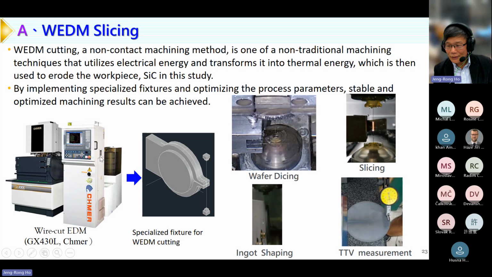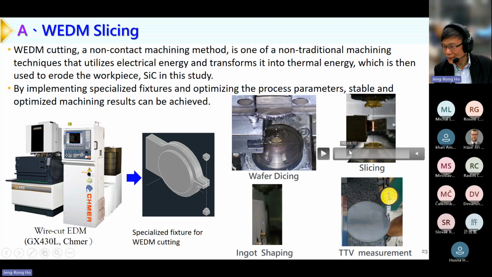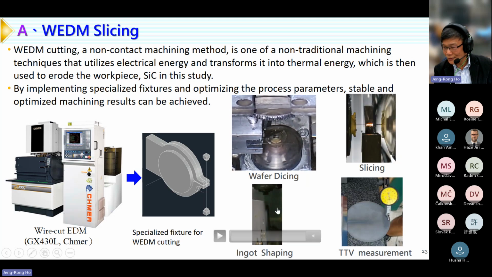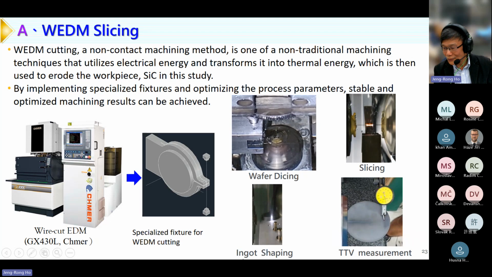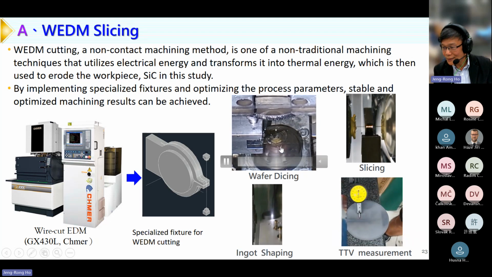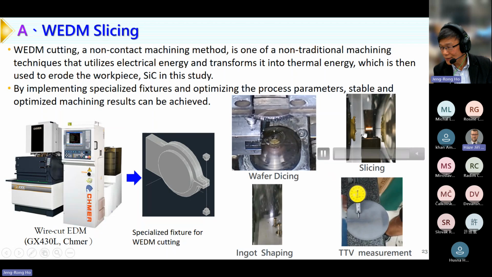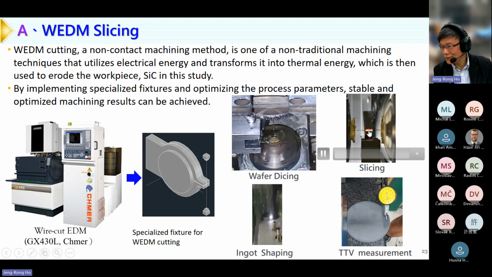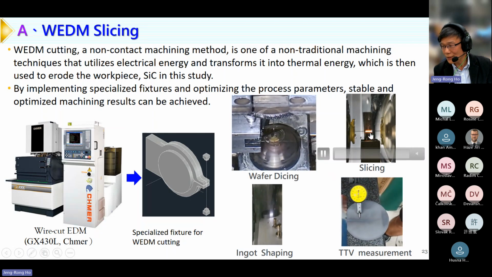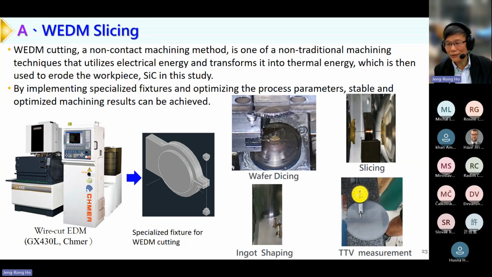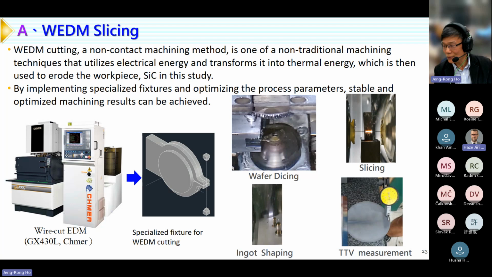Then we designed a special fixture for wire EDM cutting. You can see there are some photos of ingot shaping and wafer dicing and slicing. You can see there are electrical discharges. Locally it's very high temperature, so the thermal energy can erode the workpiece.